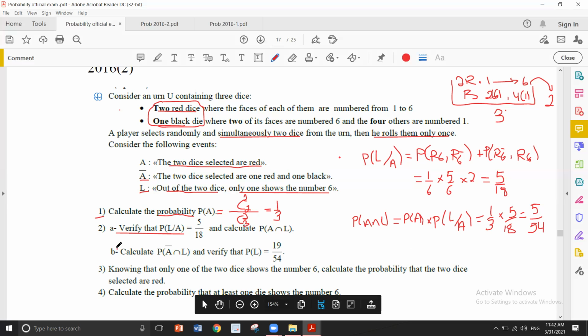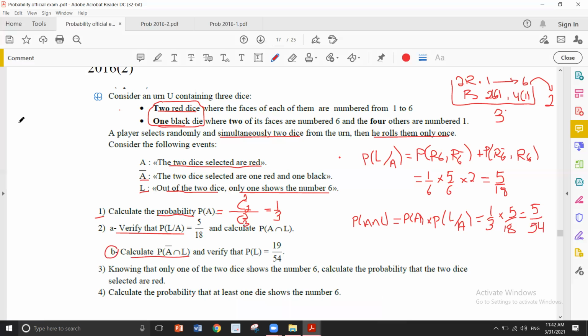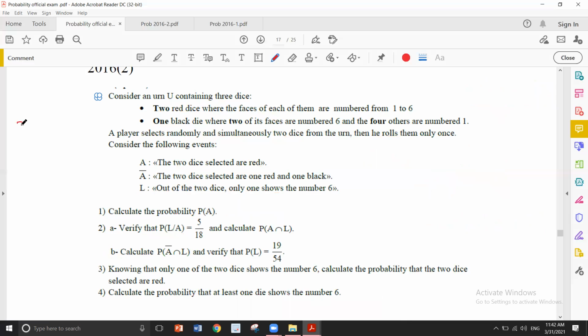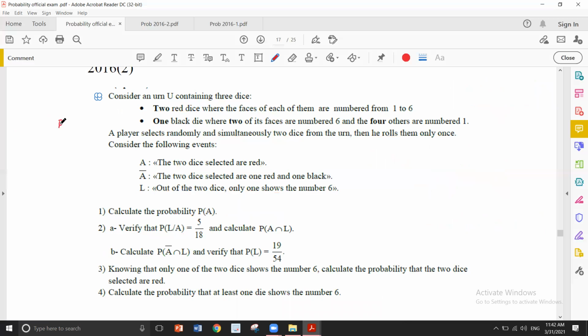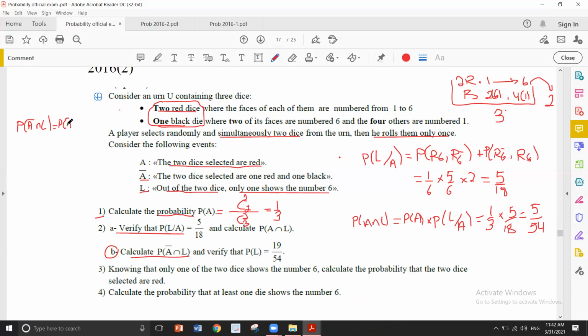Part B. Calculate the probability that A bar intersection L. I put the rule first: P of A bar times probability of L given A bar.